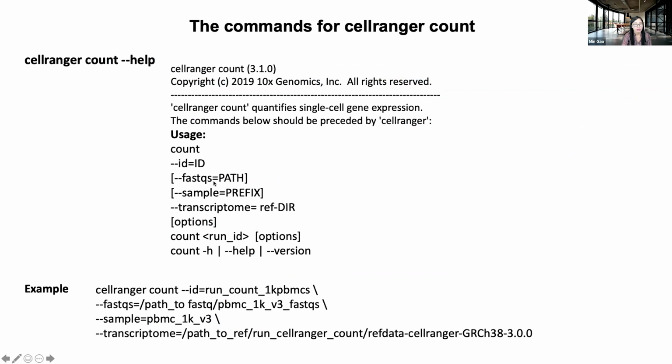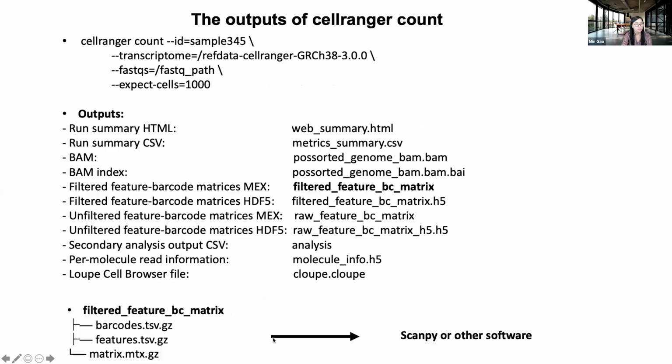We should specify the output name of the samples, the path of the FASTQ files, the prefix of the sample name, and the reference genome directory. Here shows an example that includes the output name of our samples, and this is the raw FASTQ files. And here the prefix of samples, and here shows the reference genome directory.